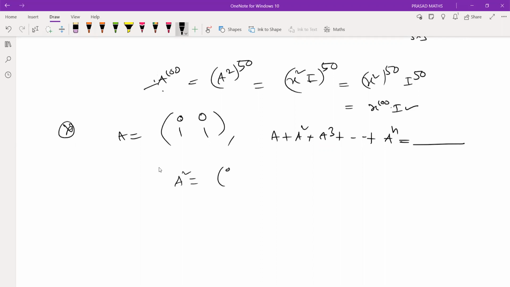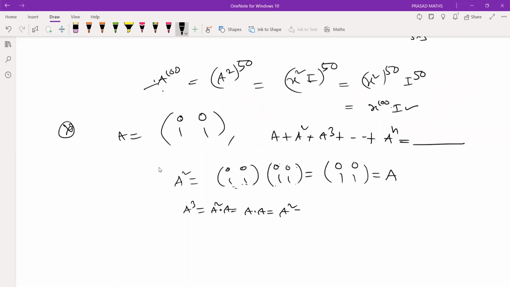A square is nothing but this matrix times itself, which is exactly the same as A. Similarly, if you compute A cube, again you are going to get A, because A into A is A square, which is A. So A power 4 is also A. So by induction, A power n is A for every n.